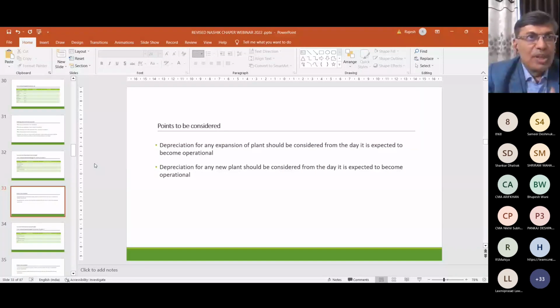Apart from the normal operations, normal plant and machinery, if there is any expansion, then from which date the commercial production will start. And for any new plant also, when it is declared commercially operational, from that date this depreciation will come into picture for this budget period.